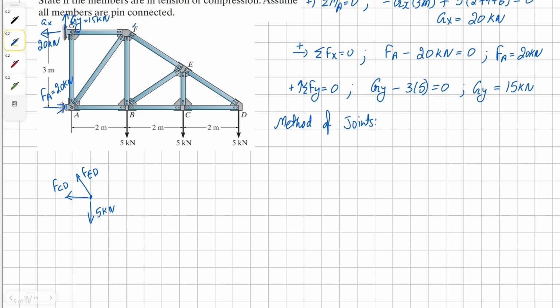Using the Pythagoras theorem, we can find the length of this member FD, and this is going to be square root of 3 squared plus 4 squared, which is going to be square root of 25, which is simply 5.